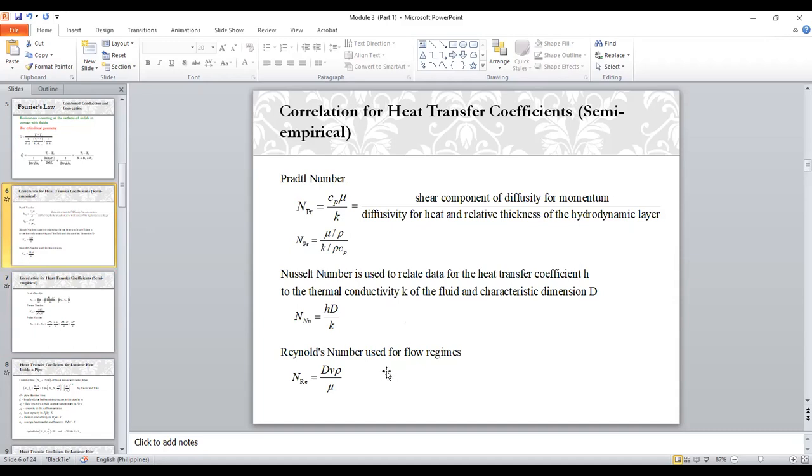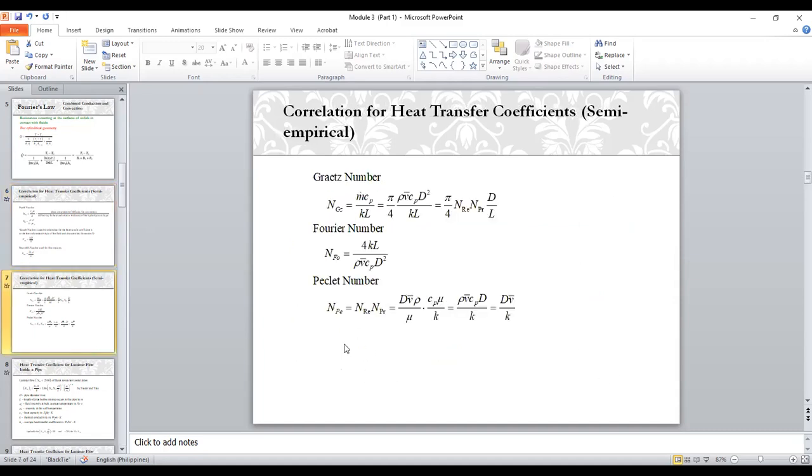But just in case you will encounter them later on, please check as well in your handbook what's the equivalent expression, or specifically, where can you find these particular expressions in the handbook. So we have the Graetz number. So you have the Ng sub C, and this is actually a function of your Reynolds number and your Prandtl number together with the diameter and the length of the pipe that we're talking about.